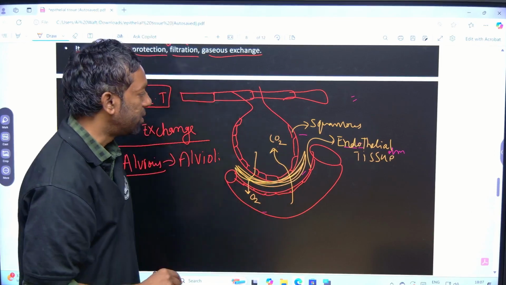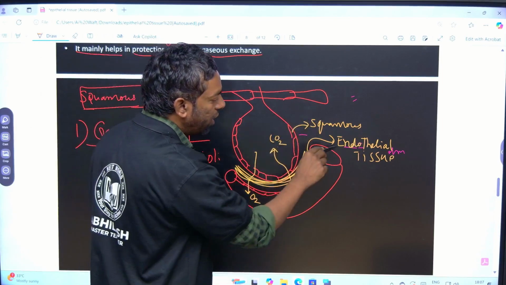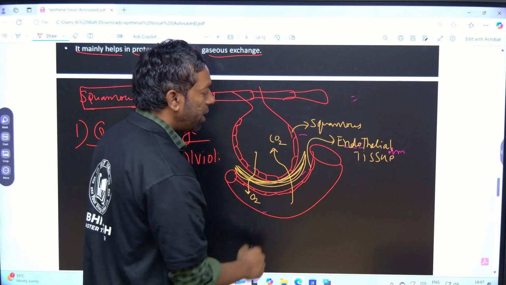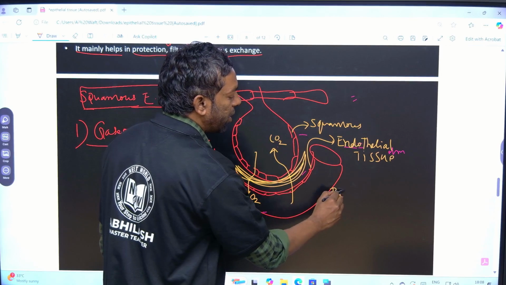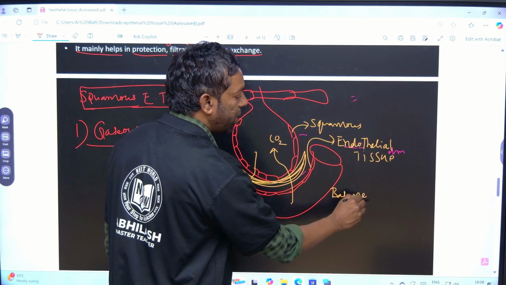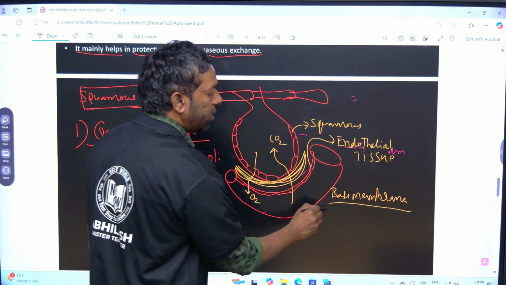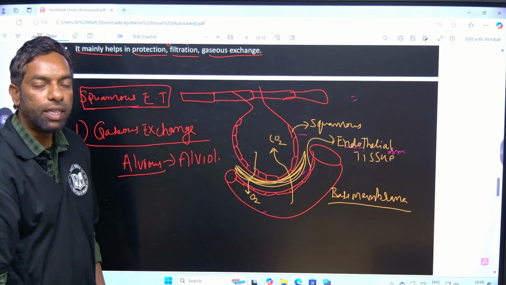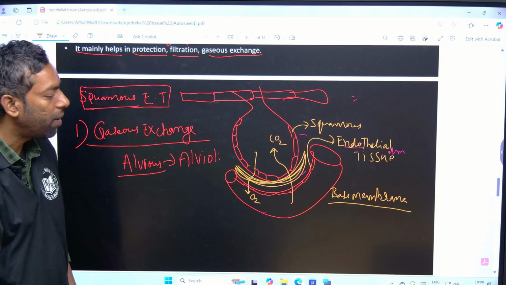First, the squamous epithelial tissue of the lung, the endothelial tissue of the blood capillary, and between them there is a basement membrane. These 3 layers they cross in gaseous exchange.